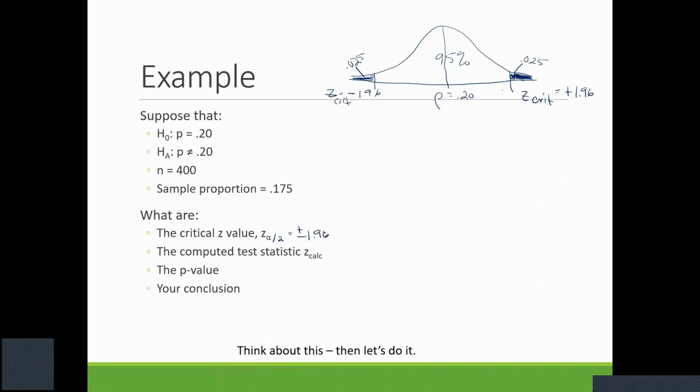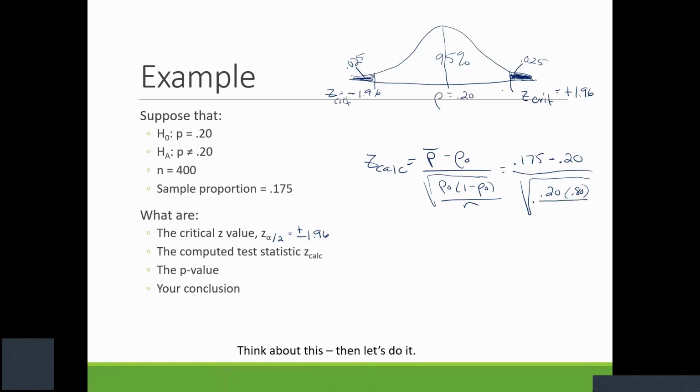The computed test statistic, z calc, equals p bar minus p0 over the square root of p0 times 1 minus p0 over n, equals 0.175 minus 0.20 over the square root of 0.20 times 0.80 over 400.